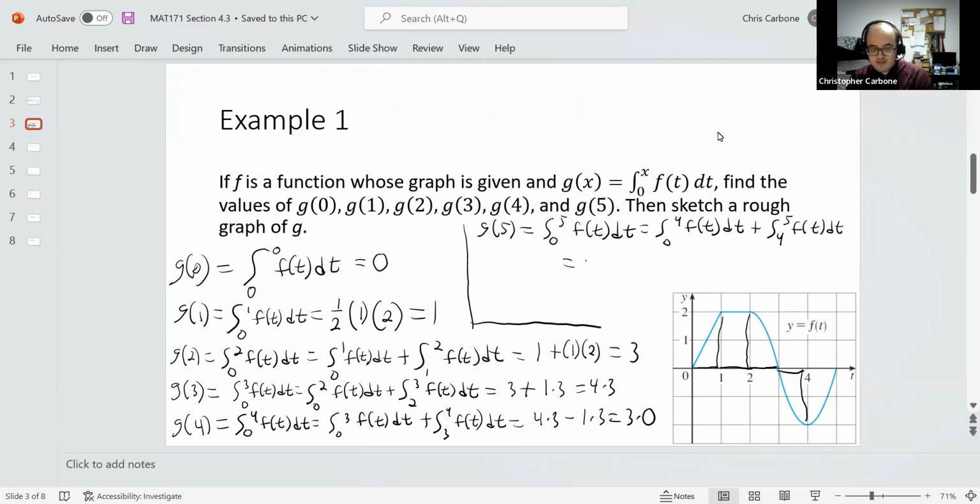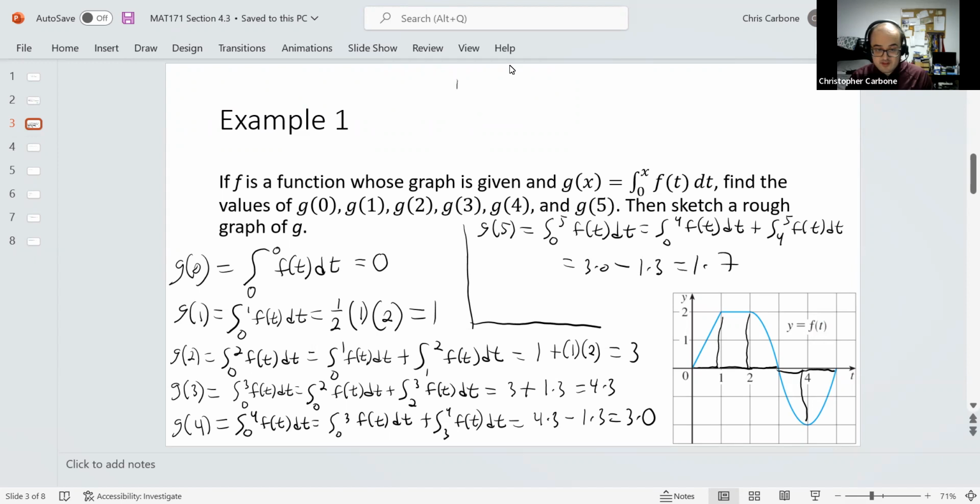So this would be 3.0, again, minus because of this part below the curve, again about 1.3. And this would give us an area of 1.7 in total up to that point.